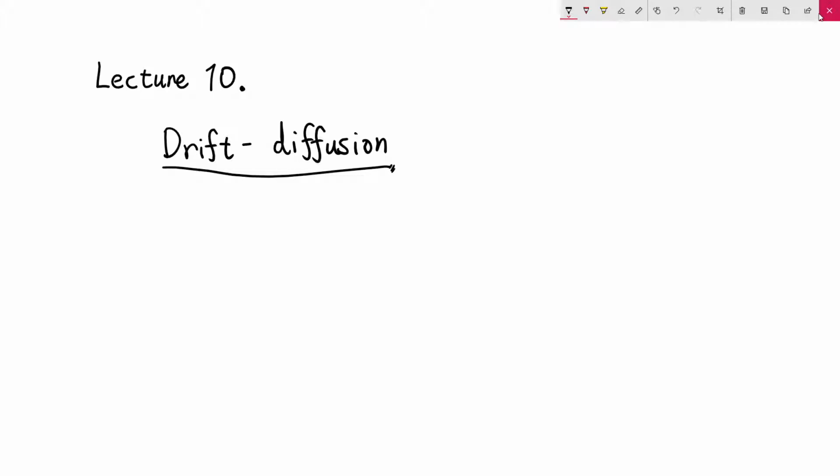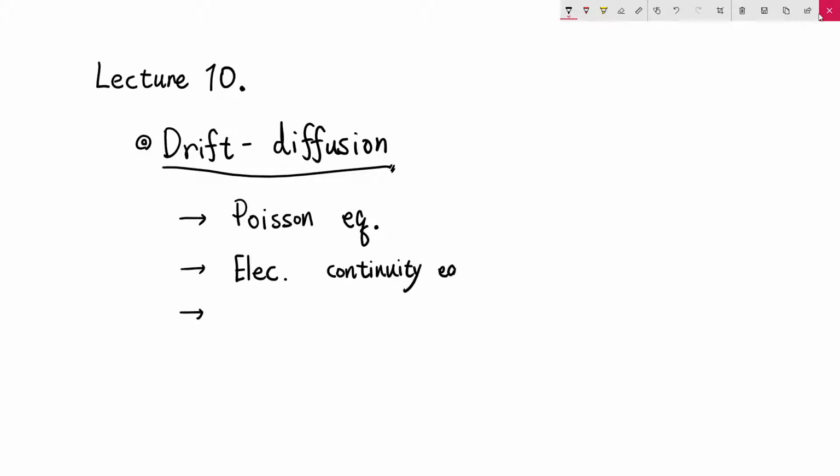Usually when we say drift diffusion equation, we consider three equations. Here, we have to consider the Poisson equation, the electron continuity equation, and finally the hole continuity equation.